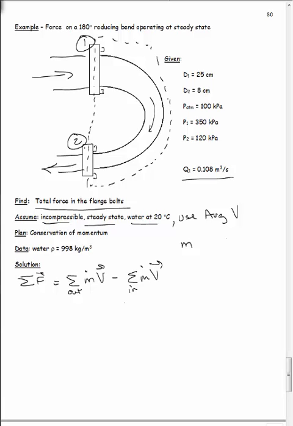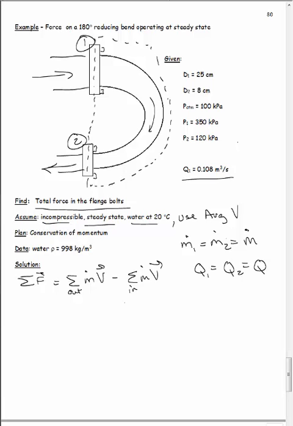So 1 is our inlet, 2 is our exit. We can say m dot 1 equals m dot 2 equals m dot. That's our conservation of mass for this one. Pretty simple. Since it's incompressible, also we can say Q1 equals Q2 equals Q. And that is going to give us our velocities that we need, because you see we don't have any velocities.